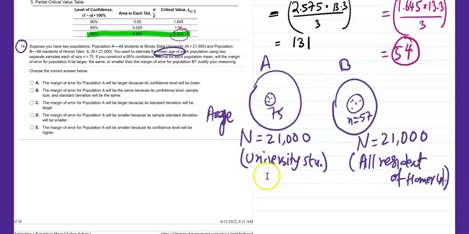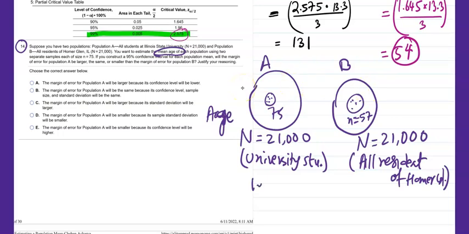Obviously university students are less dispersed since they are university students. Most of them are, let's say, 18 to 25 or 30 around. But B, which has all residents of Homer city, is more dispersed. So this B has larger standard deviation than A.